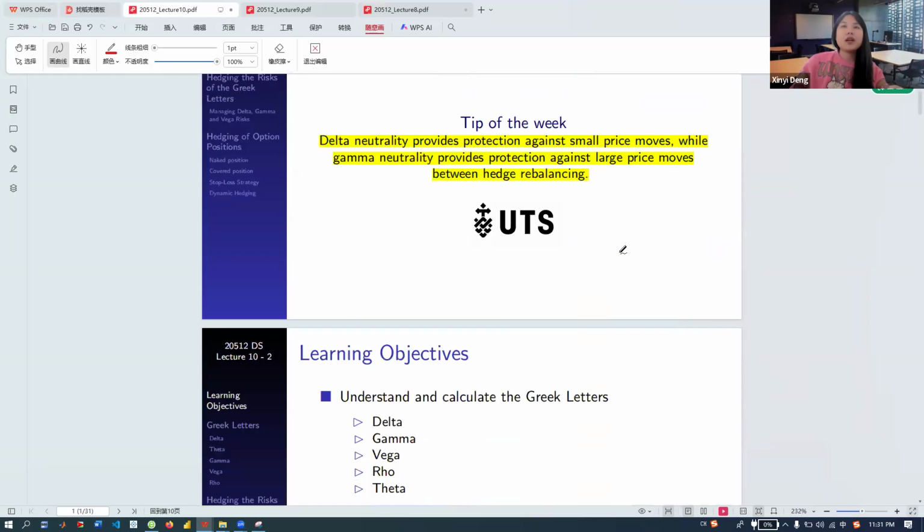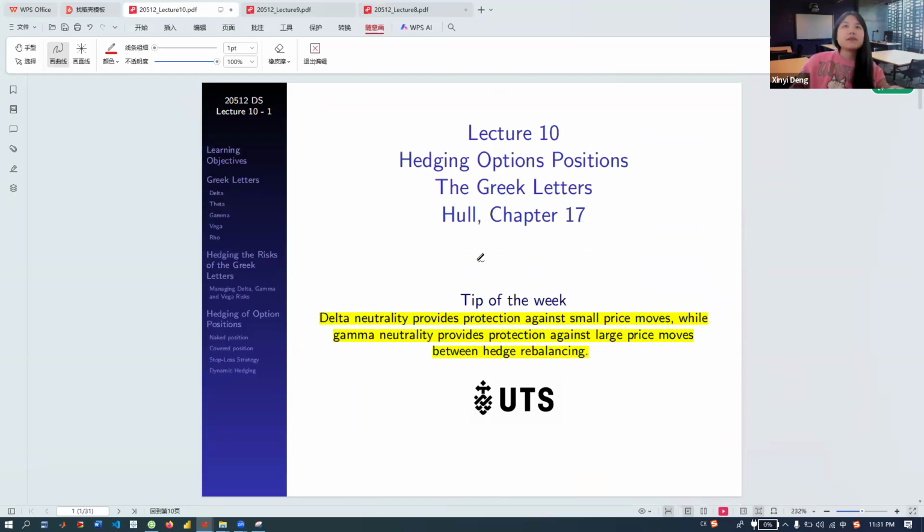Here let's denote the price of the options as F. Now let me expand the tip of the week, starting with what delta neutral and gamma neutral are. Delta is the rate of change of the option prices.